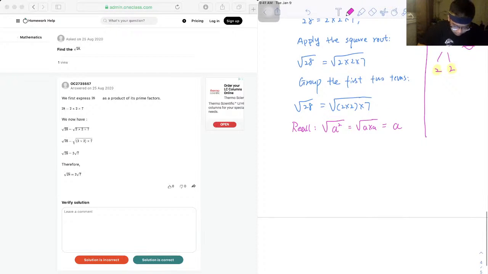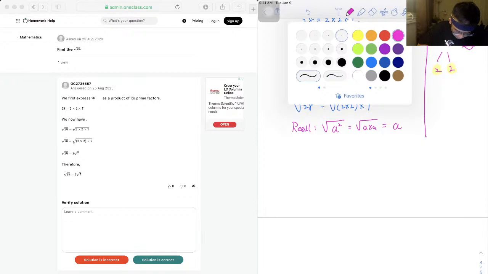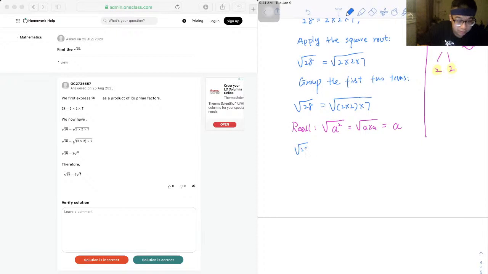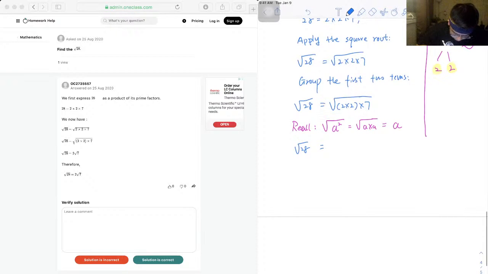Right. So now we will get root 28 is equal to, so now we can take the 2 out. So 2 times root 7, because 7 is a prime number already, so we cannot do too much on it.